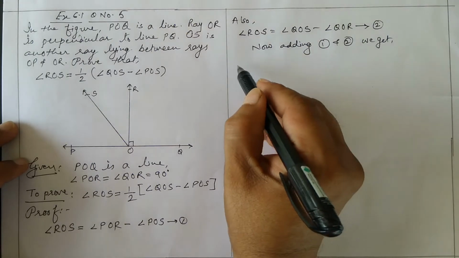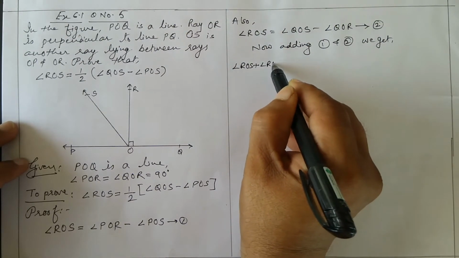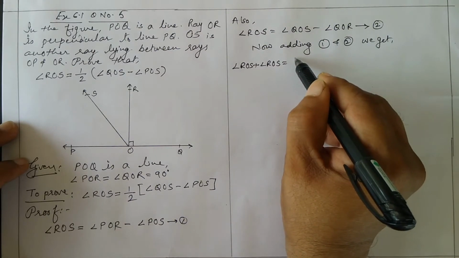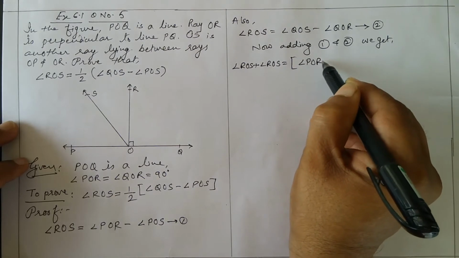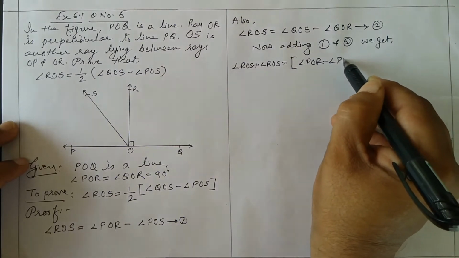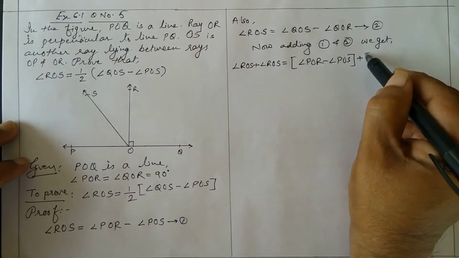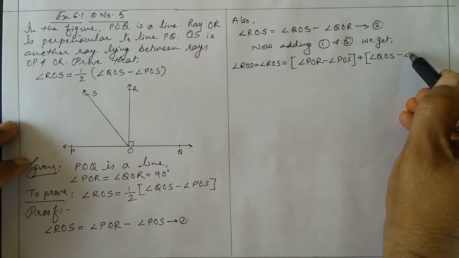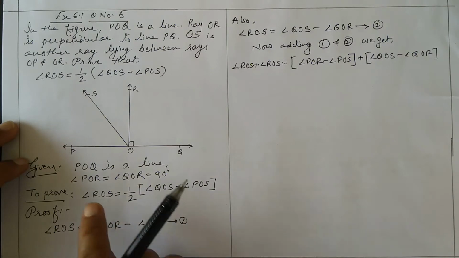See, left hand side, angle ROS plus angle ROS is equal to, I will put it in a big bracket, angle POR minus angle POS, plus right hand side of equation 2, angle QOS minus angle QOR.